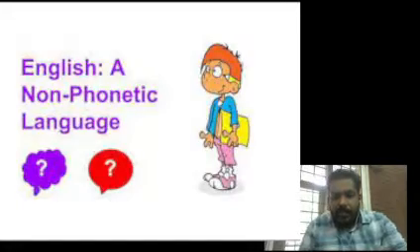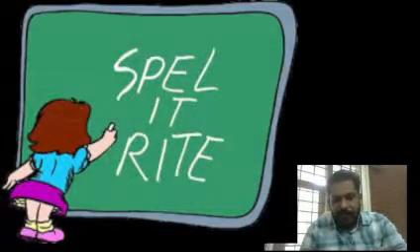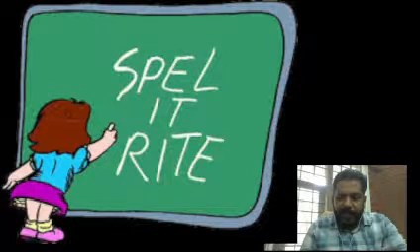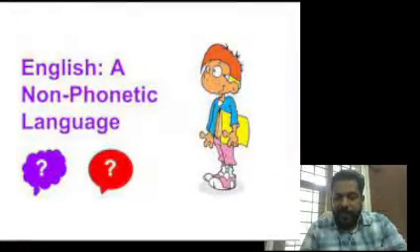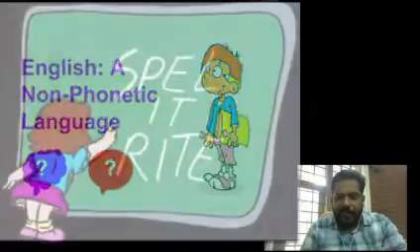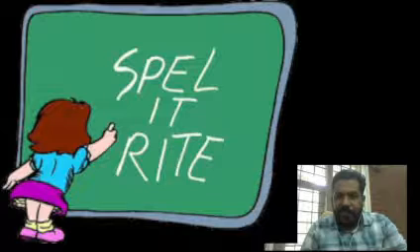English has various characteristics as an unphonetic language. The first characteristic is that in English, the same letter can represent different sounds. For example, if we take the letter S, it can represent different sounds in different words.